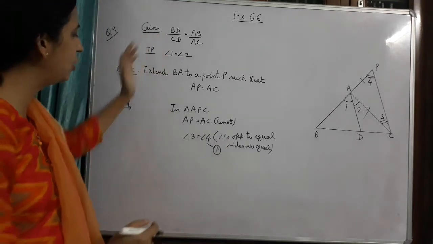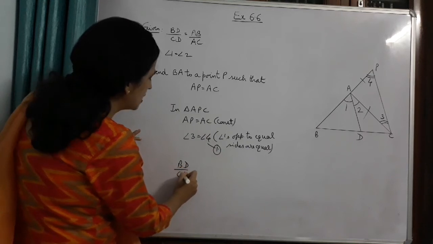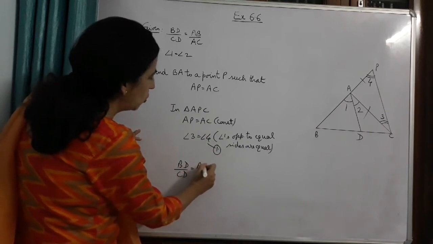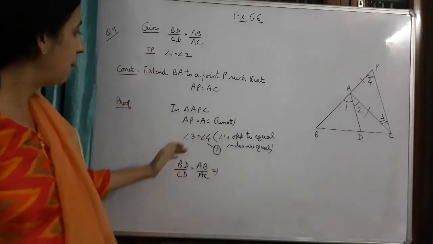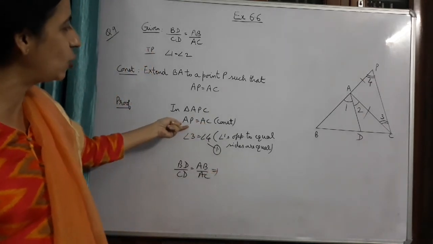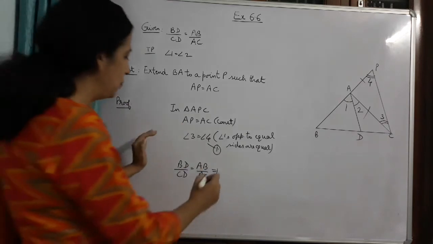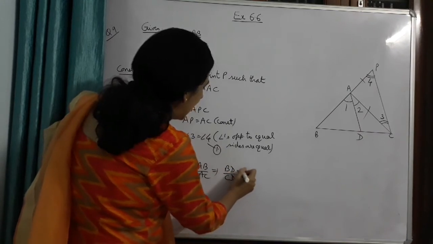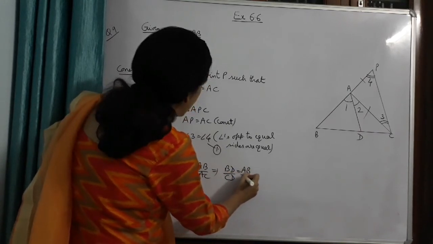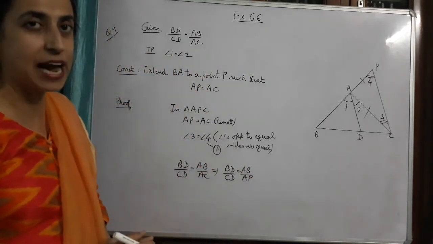Now what is given to us? It is given to us that BD upon CD is equal to AB upon AC. But AC is equal to AP. So in place of AC we write down AP. So this gives us BD upon CD is equal to AB upon AP, because this is the construction which we have done.